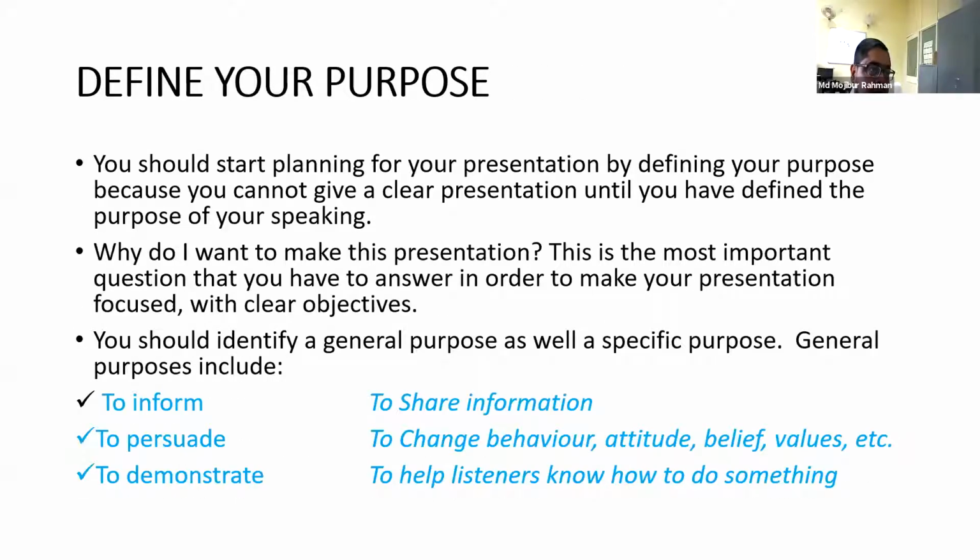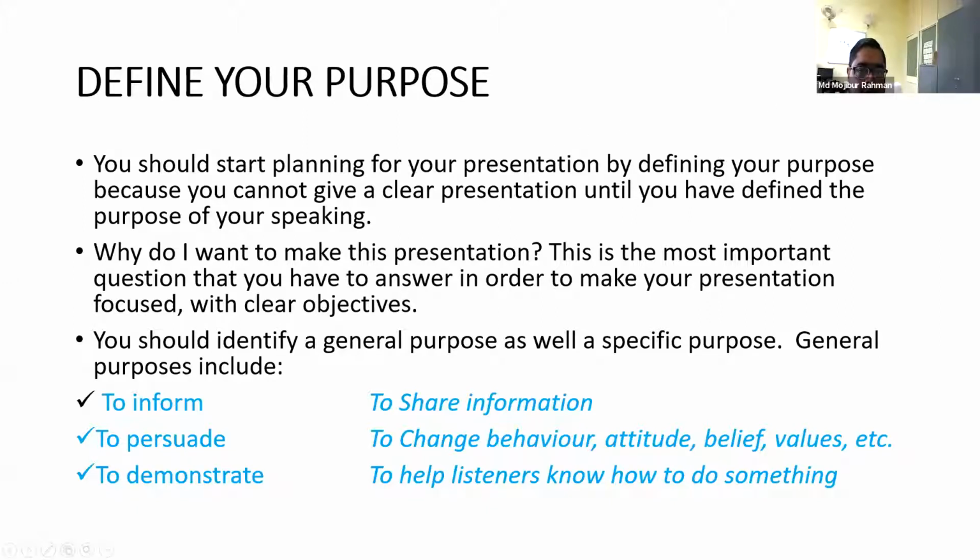So, defining the purpose. What is the purpose of presentation? Here I have listed 3 purposes, and basically for these 3 purposes we present. To inform, that means to share information.